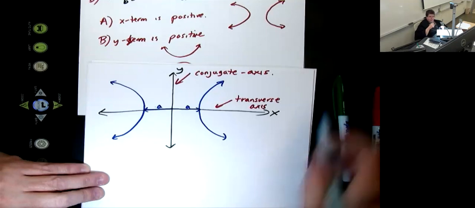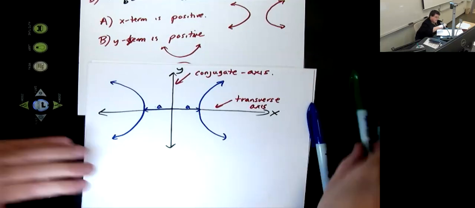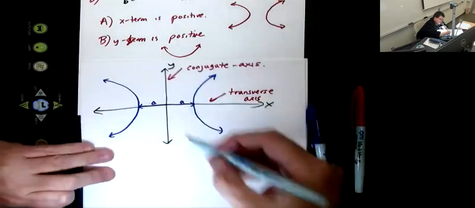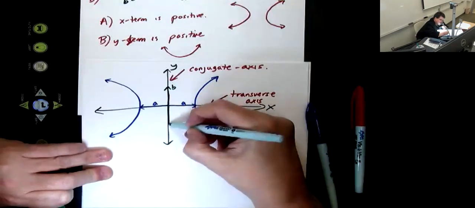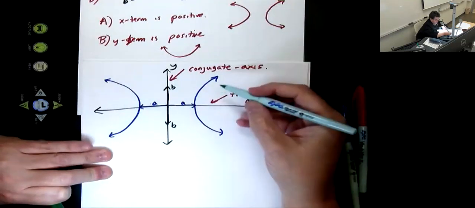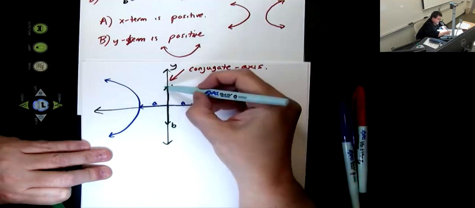So where does the B come in? If we go up and down B, what you do is you make a box.